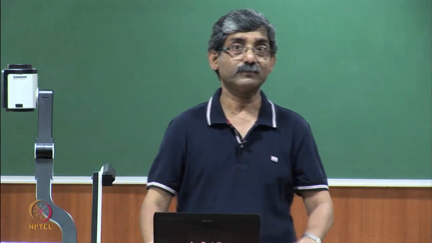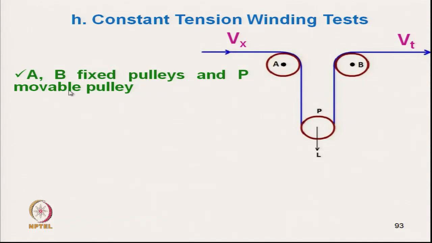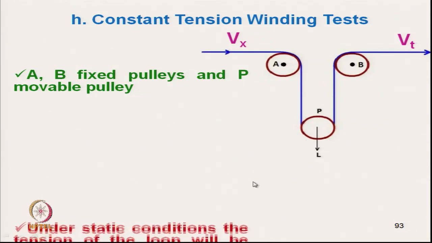So, that way, here we can change the load. A, B are fixed pulleys and P is a movable pulley, because, depending on the extensibility of the material, it may change, as we are putting load on that.